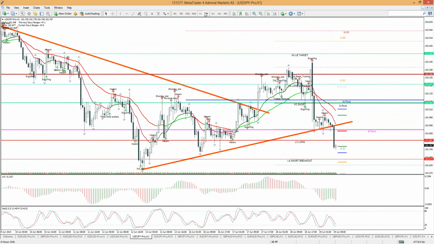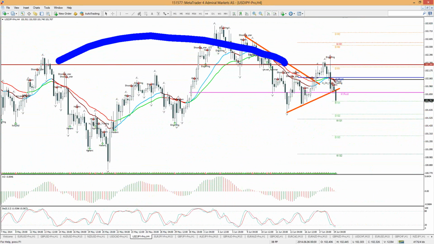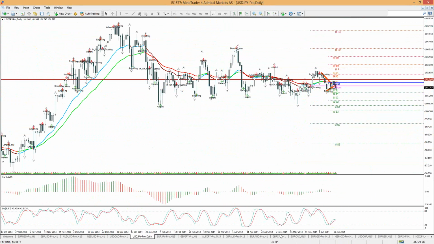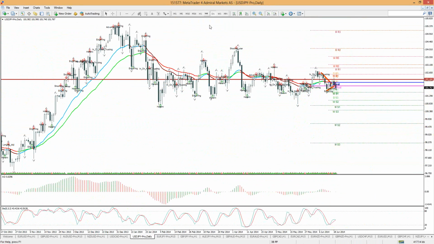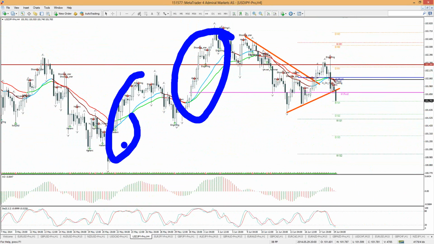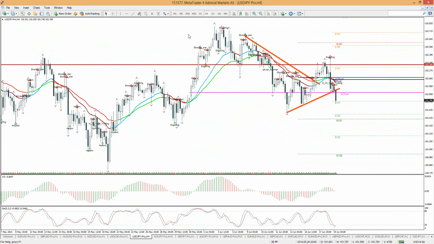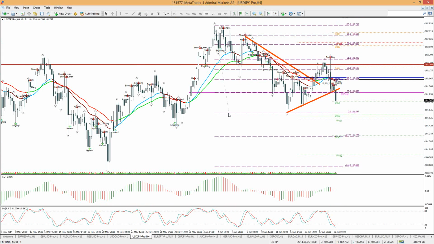So from a Fib perspective, I would say this pair is a bit difficult, because it's such a big consolidation that when we get a consolidation like that, Fibs lose their value in general. However, within lower time frames, you could still find swings like that, and when you find swings like that, fibs still make some sense, but obviously on the daily chart there's a big consolidation, so higher fibs would for the moment not really have much value.